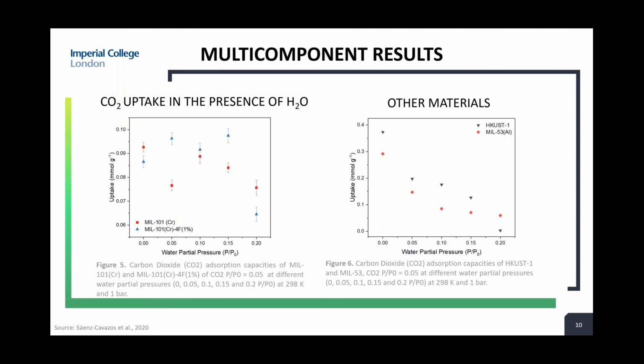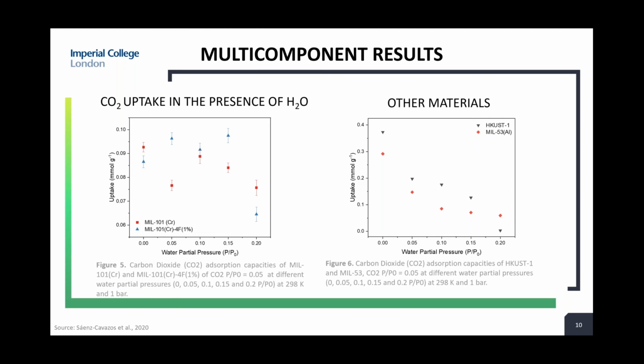For the multi-component results, figure 5 shows the CO2 adsorption capacities of both materials. This was at 5% concentration of CO2 with different water loadings that replicate the amount of water that is usually present in flue gases, ranging from 0 to 0.2, or 0 to 20% relative humidity.